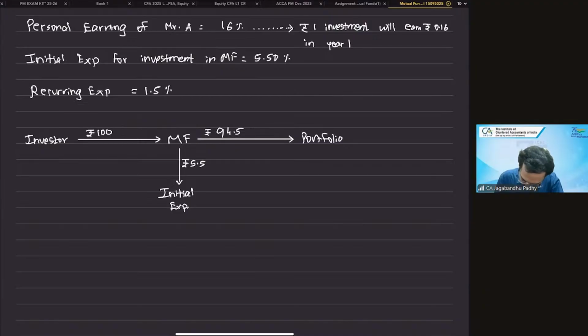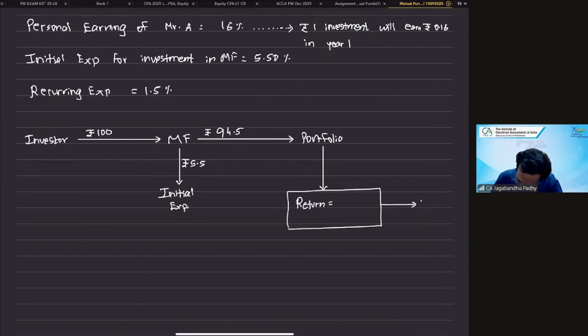So the portfolio should be generating some return, out of which you need to pay some expenditure.